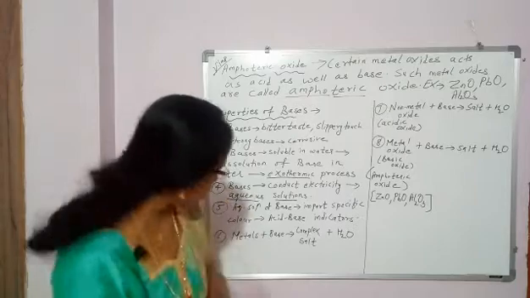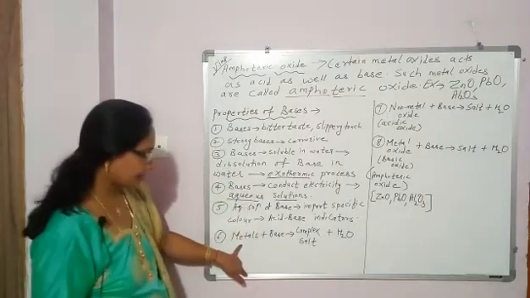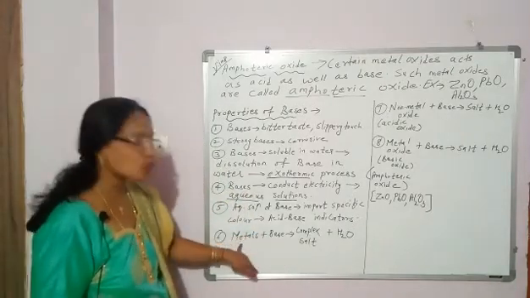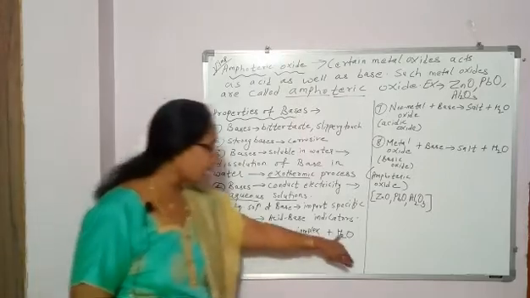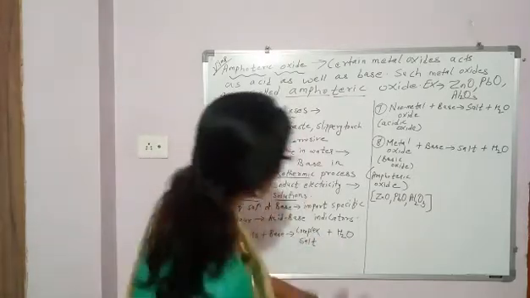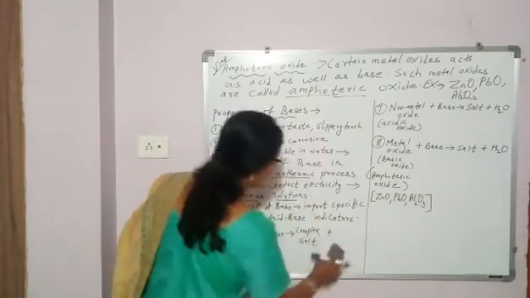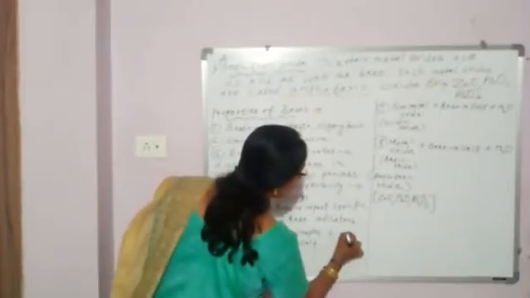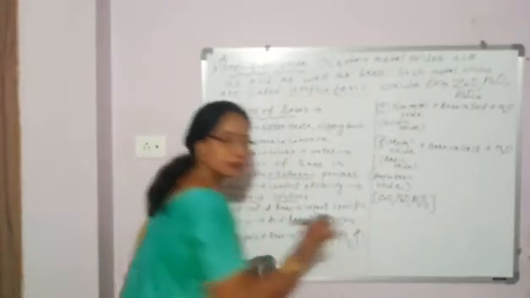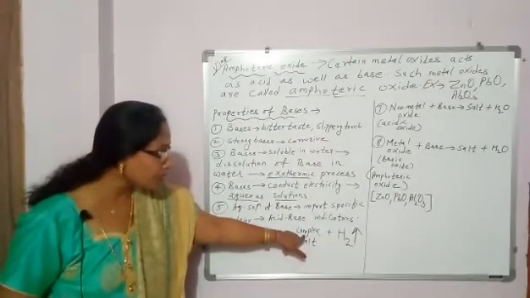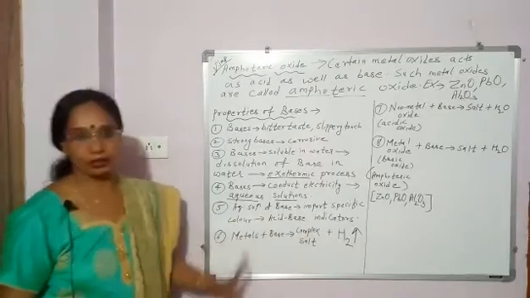Okay. Next, metals. When base reacts with metal, which gas is evolved? Hydrogen gas. Sorry, it is written water here. Which gas is evolved? Hydrogen gas. And what is formed along with it? Complex salt.